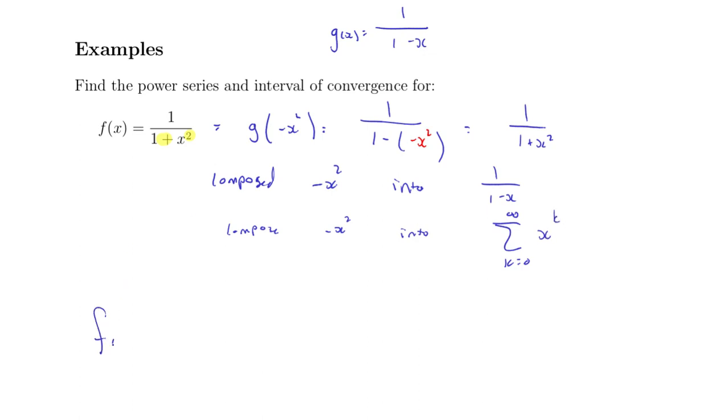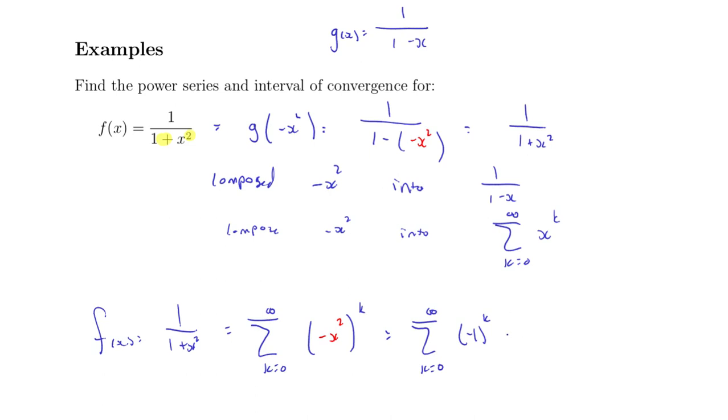That means this function is equal to this power series with a negative x squared raised to the k. Now I'm going to go ahead and split that apart because the negative 1 coefficient I'm going to pull out and put a k exponent on it, so it's alternating.